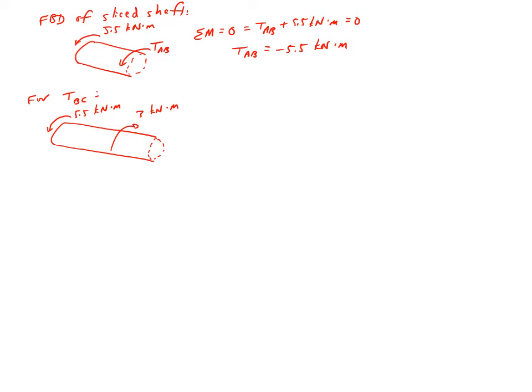That was the torque at B, and then where I sliced it, I'm going to call that the torque at BC, or basically the torque that's acting on the shaft in between B and C. If I do sum of the moments is equal to 0, I'm going to get 5.5 kilonewton meters minus 3 kilonewton meters plus TBC equals 0. So then that means that TBC is equal to negative 2.5 kilonewton meters.